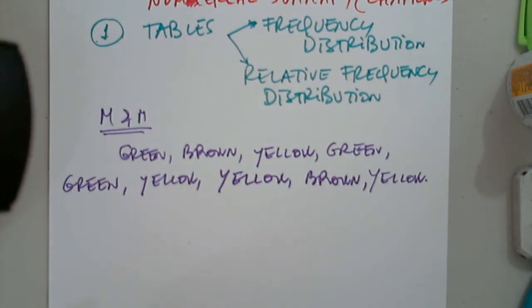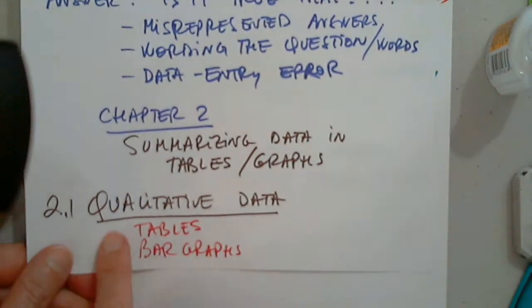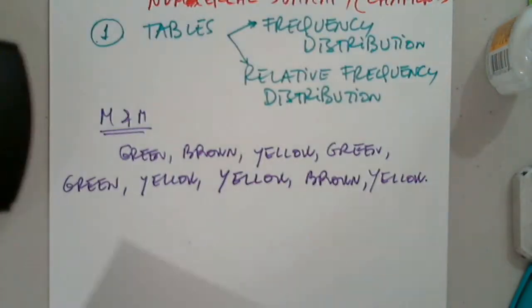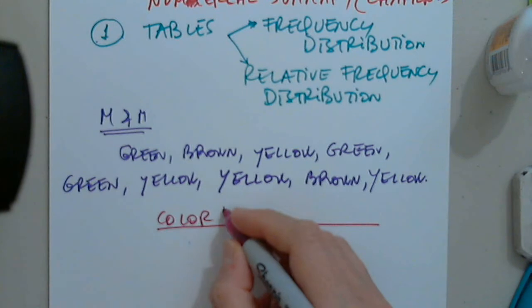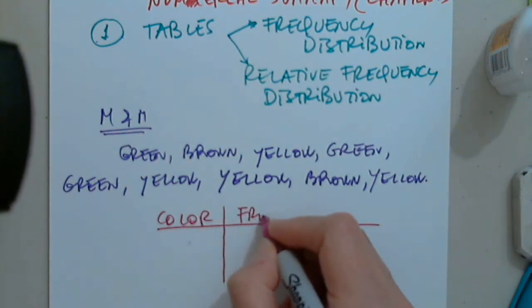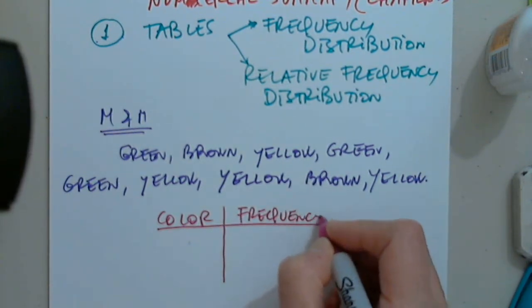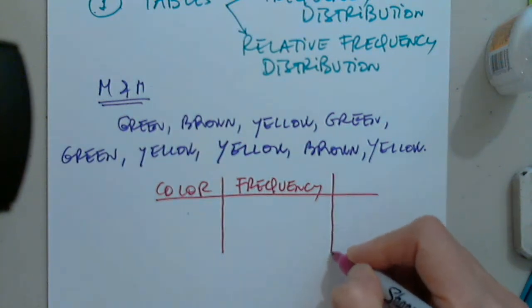So obviously, qualitative, how many colors do I have? So the color, frequency, and then relative frequency.